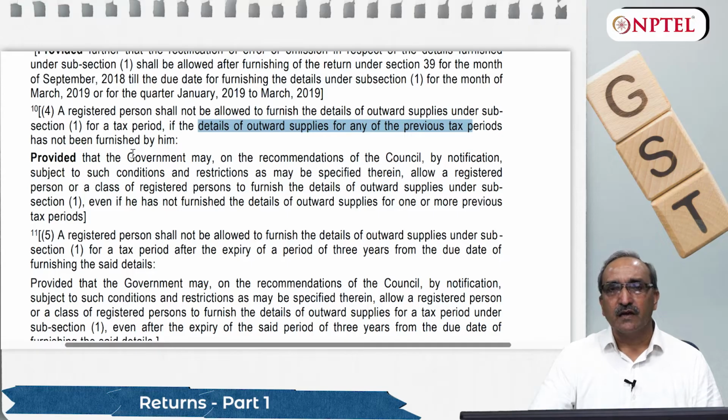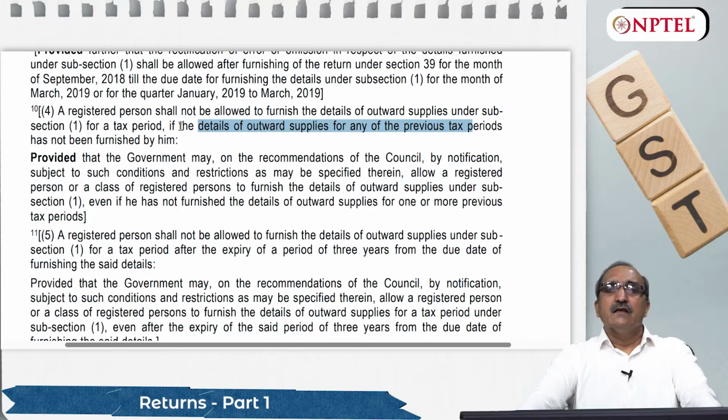It means a person will not be allowed to file his outward supply statement, that is GSTR-1, if he has not filed GSTR-1 of the previous month.